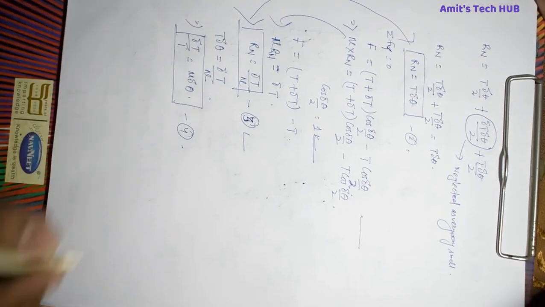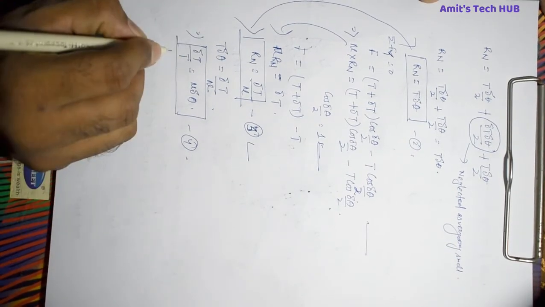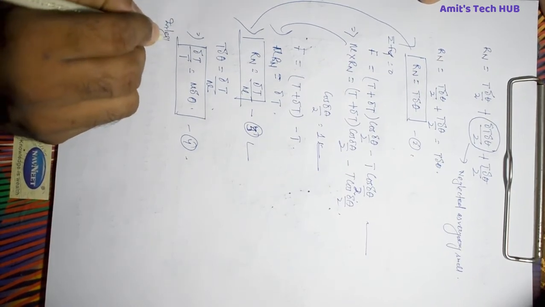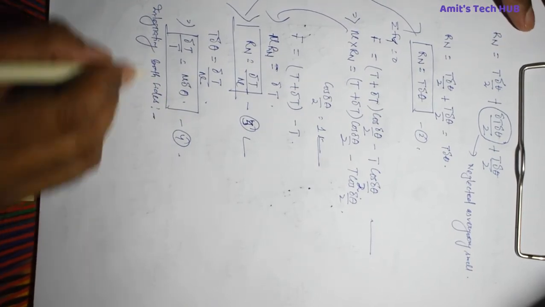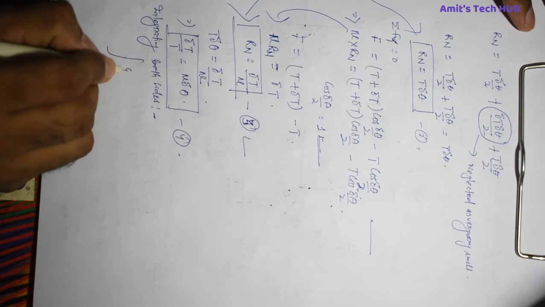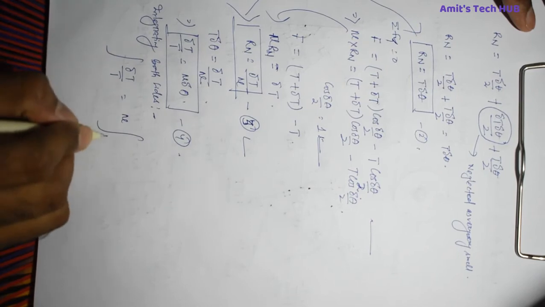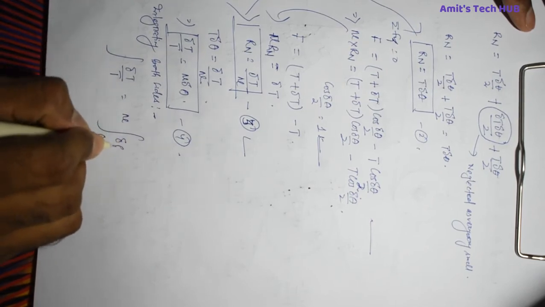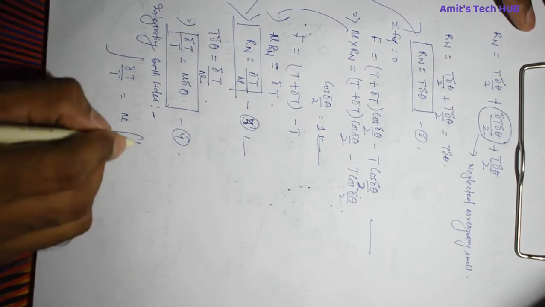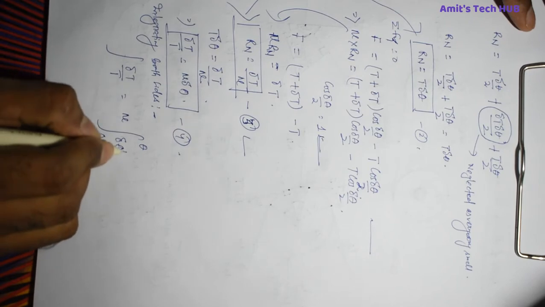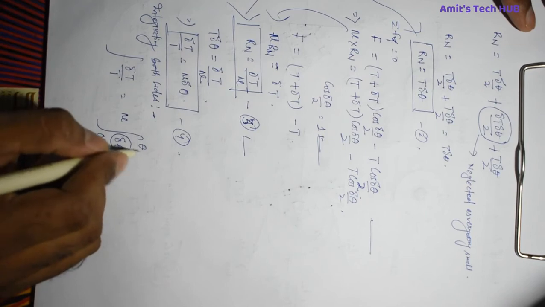Okay, so now integrating both sides, integration of del t by t is equal to mu del theta. Mu is constant, so here we can put 0 to theta, because del theta is for PQ, and for the whole of the belt it is theta.